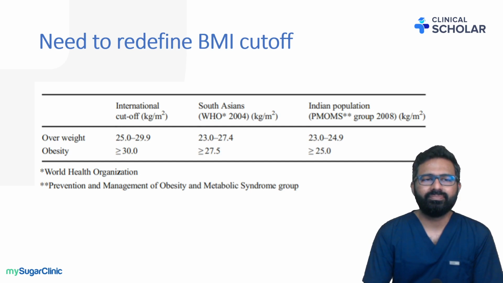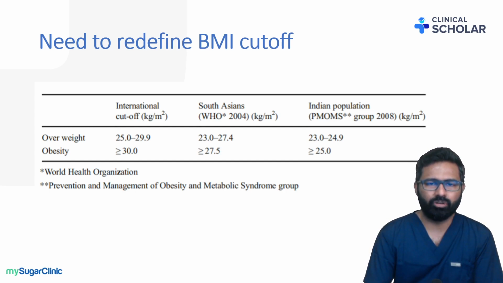Due to this, there is a compelling need to redefine the BMI cutoff for Indians. The World Health Organization in 2004 redefined the obesity and overweight cutoff for South Asians. Our international cutoff is that if BMI is more than 30, an individual is said to be obese, and if BMI is between 25 and 30, he or she is overweight.